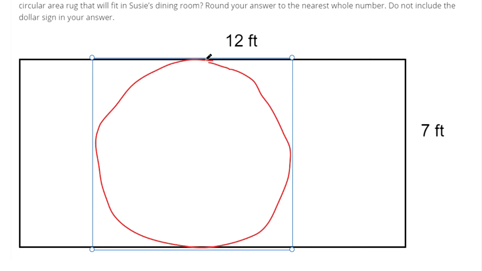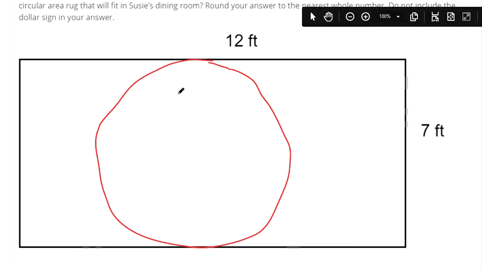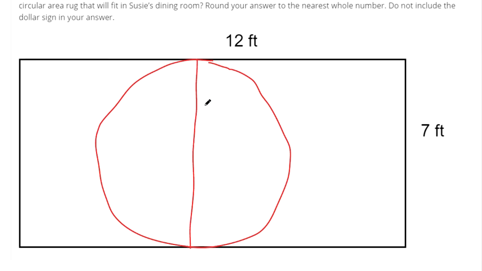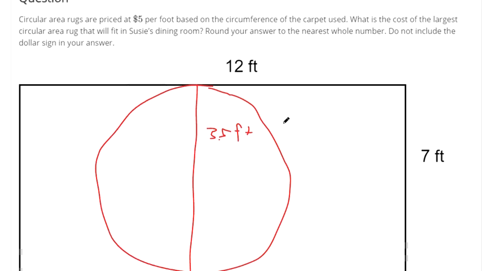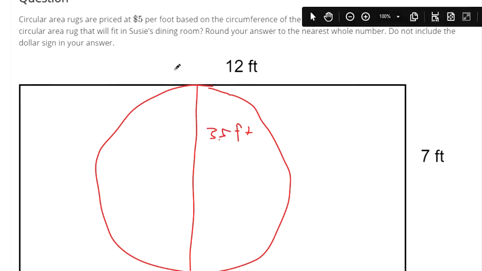The diameter can be as big as the shortest dimension. So 7 feet is what's really causing the restriction here. It's 7 feet in diameter, which means it's 3.5 feet in its radius. So that's the largest circular rug that can fit in this room. You can draw smaller ones, but our goal is to find the price of the largest one.